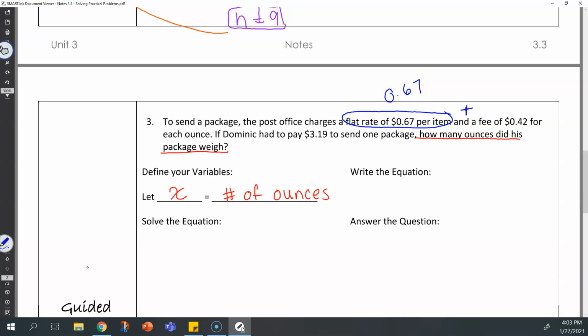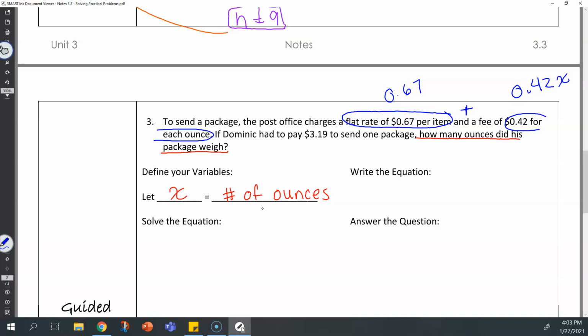And it's also going to be 42 cents for each ounce. It's not just 42 cents, it's 42 cents for each ounce. Well, I know I'm using X to represent my number of ounces. So this is going to be 42 cents times however many ounces it's going to be. In this case, I'm using an X to represent that.